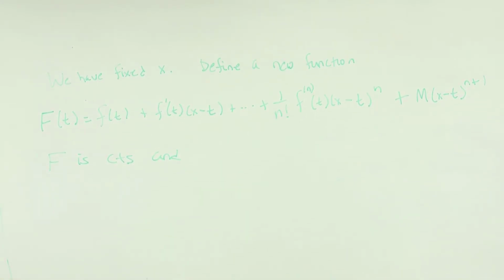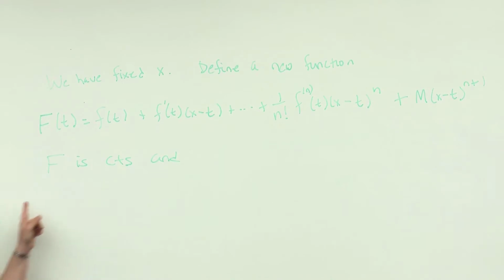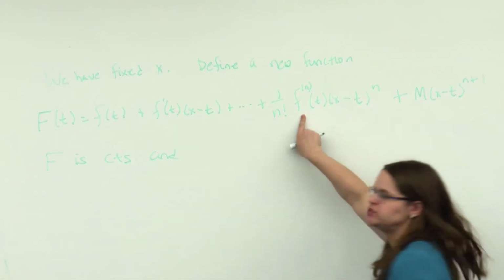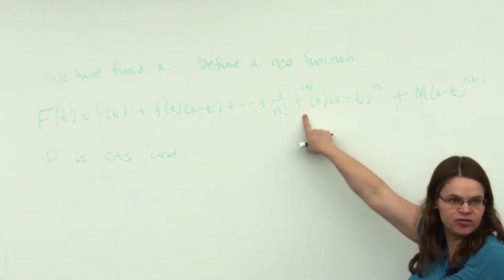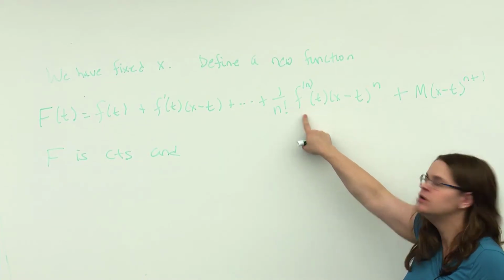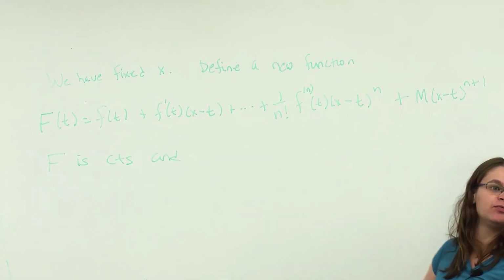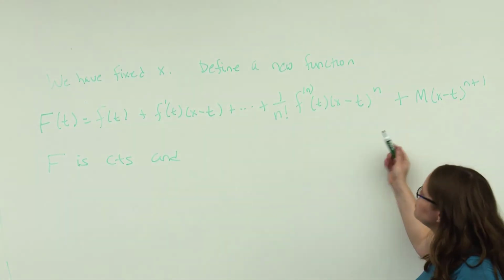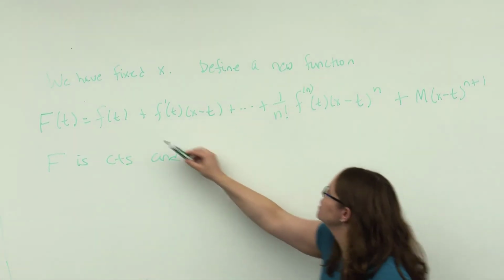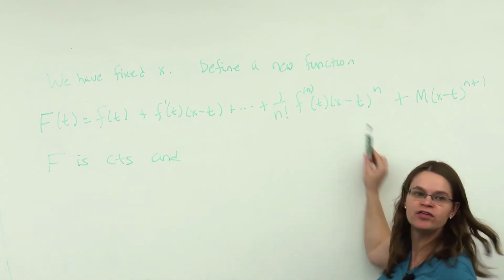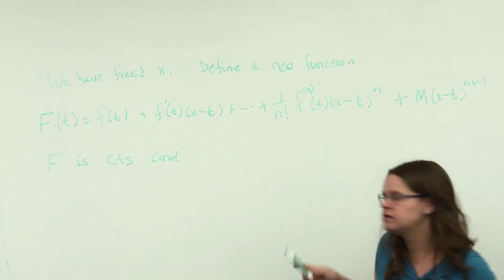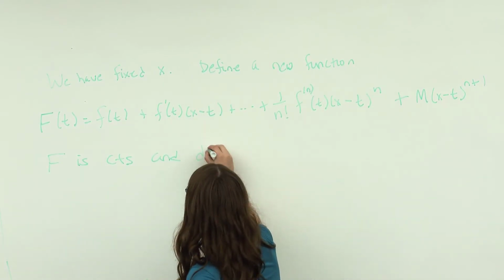I can take one more derivative of this, because here I just go up to the nth derivative. We know that the n plus first derivative actually also exists. So I can certainly take derivatives of these terms, and again, I use my product rule throughout. Taking a derivative of this just means I need to be able to take derivatives of all these component terms. I can do that. So this is continuous and differentiable.